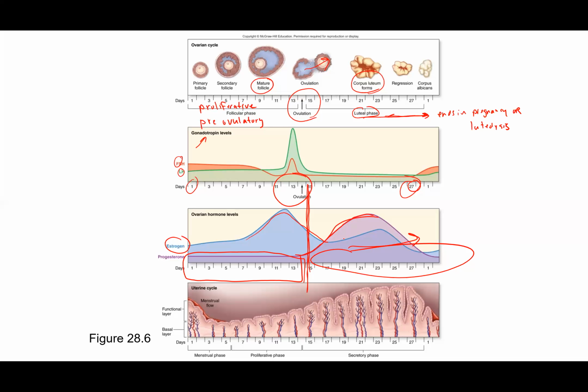It triggers the lining to thicken. That's where we want the 6 millimeters to 14 millimeters as our target range. Also, because progesterone helps do this, if there's too much estrogen and not enough progesterone, then you're really not going to get much thickening of the lining.